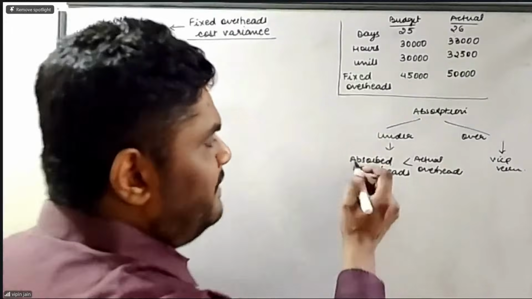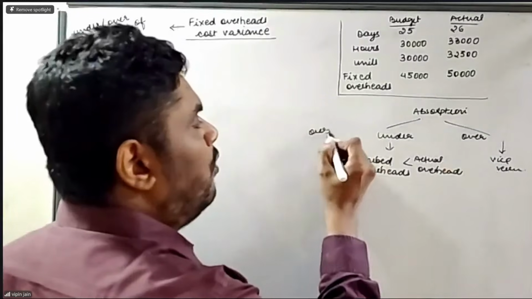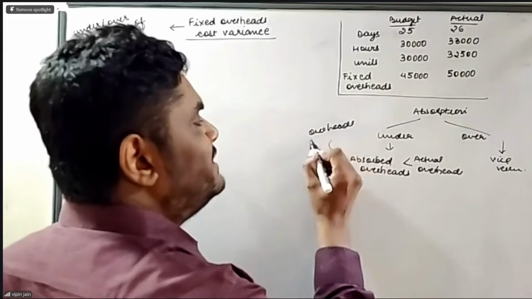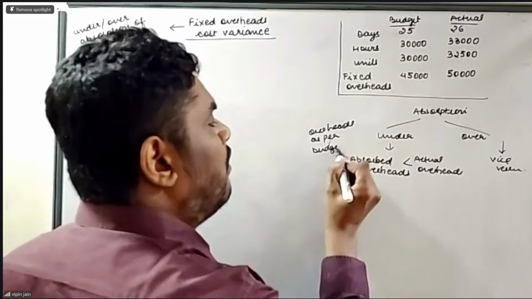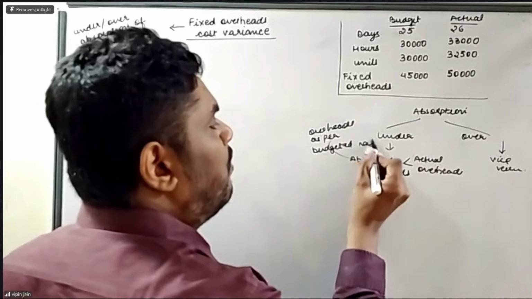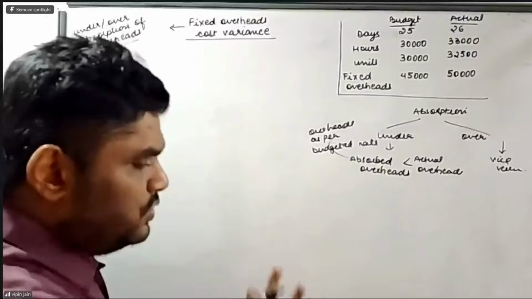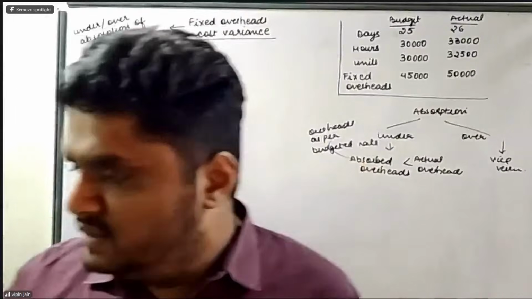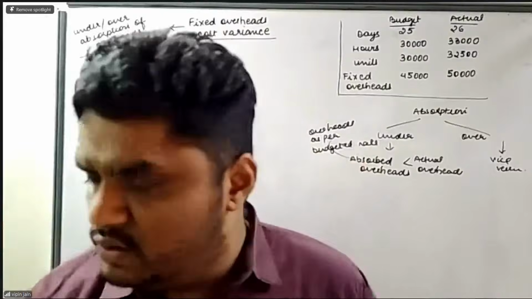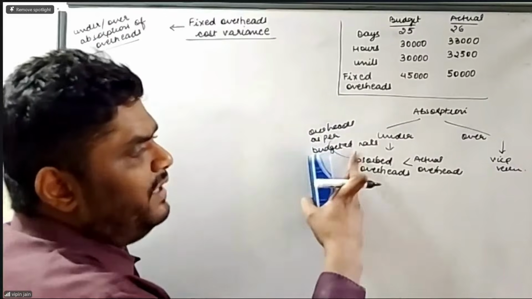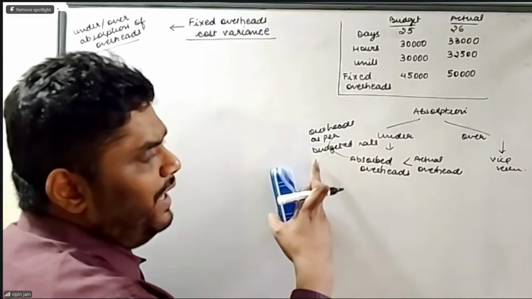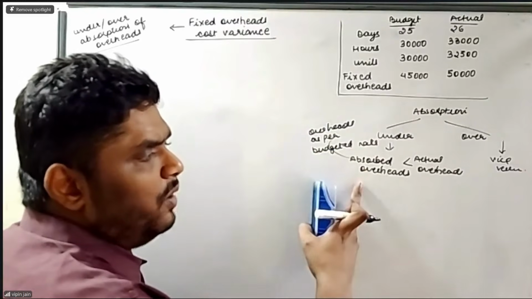And absorbed overhead means what? Overheads as per budgeted rate. This has nothing to do with this chapter, just for fixed overhead cost variance only. So absorbed overhead means overheads as per budgeted rate. We will apply the actual hours or actual units to calculate absorbed overheads.